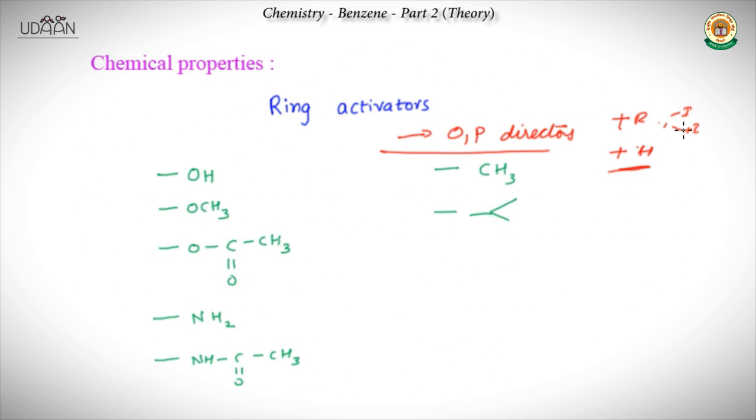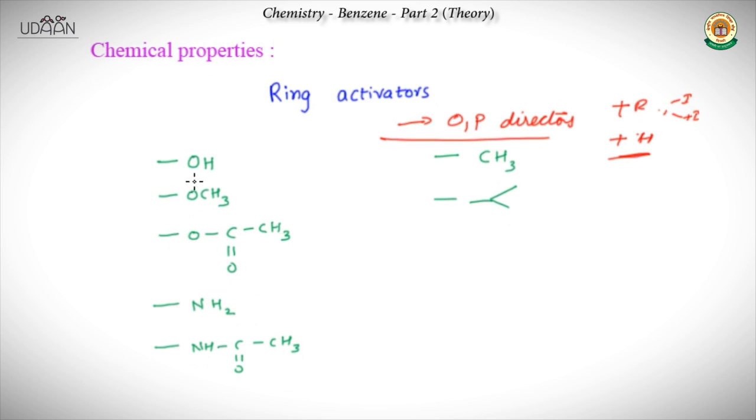There is no need of saying it's minus I. See here, you have examples like OH, OCH3, OCOCH3. Observe that this is a ring activator because oxygen here has a lone pair of electrons and is able to donate to the benzene ring. Also this dash indicates that it's attached to the benzene ring, Ph for all these compounds.